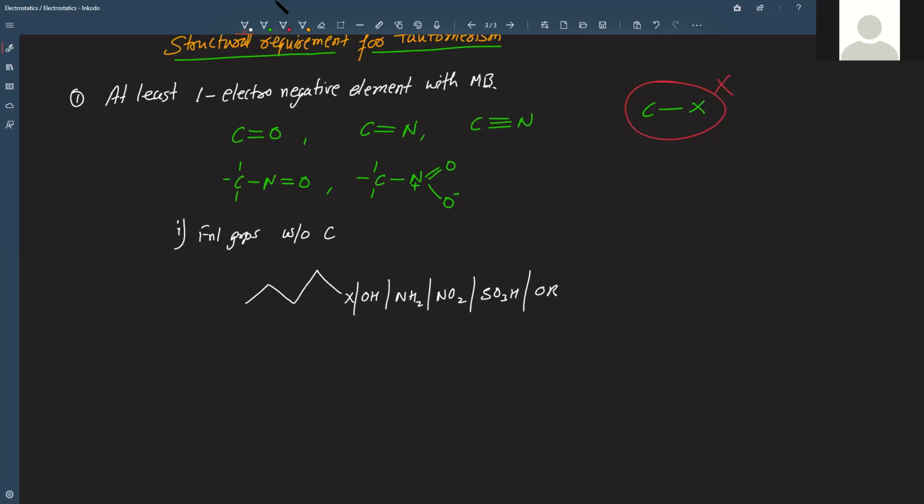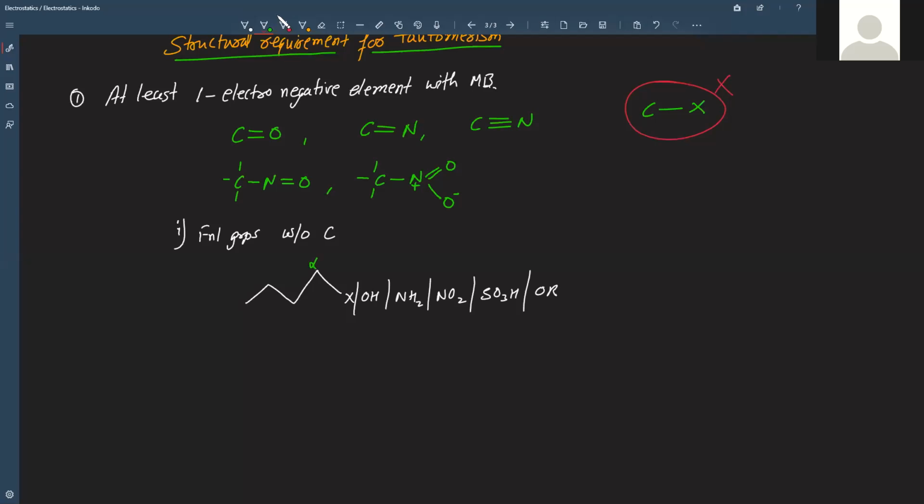Now, what we are seeing right now is something else, that is the alpha position. So we have to identify the alpha position. The functional group is there. Just after the functional group, the first carbon is here. That carbon will be called alpha carbon.